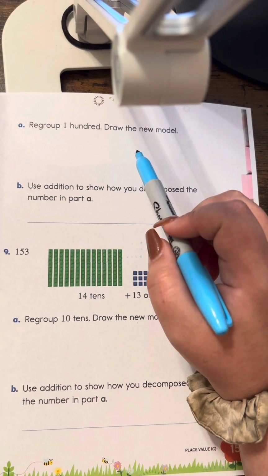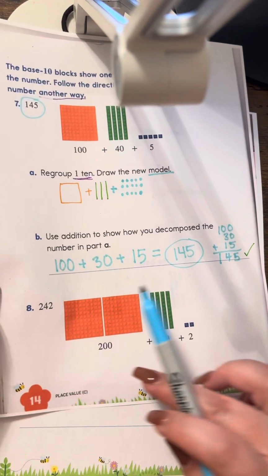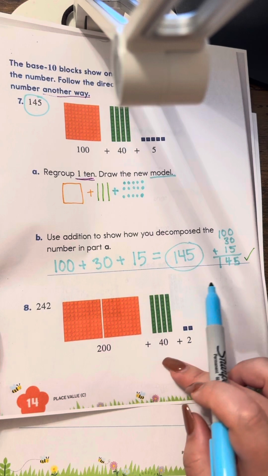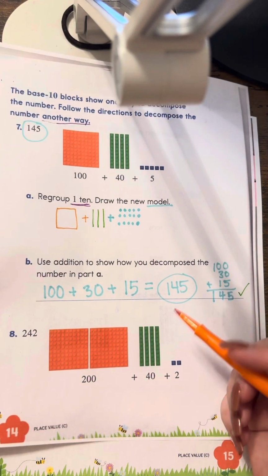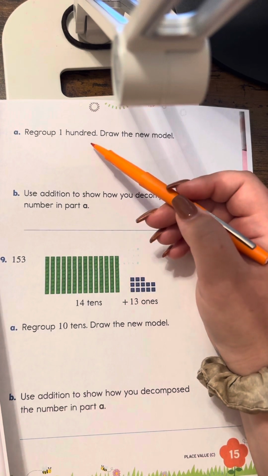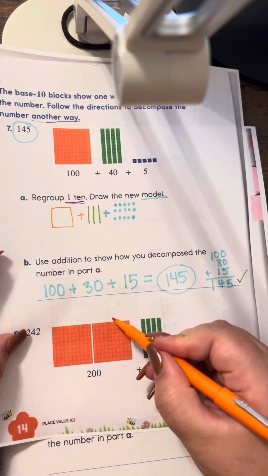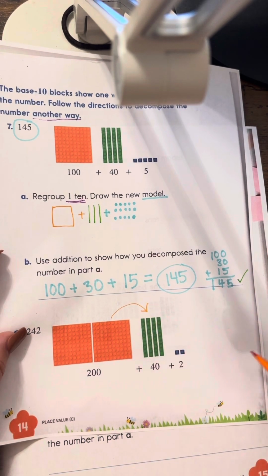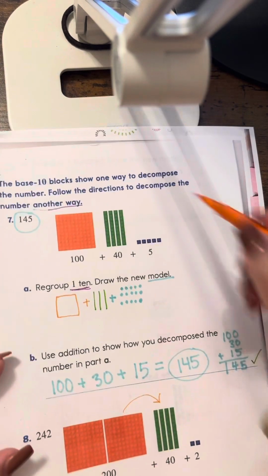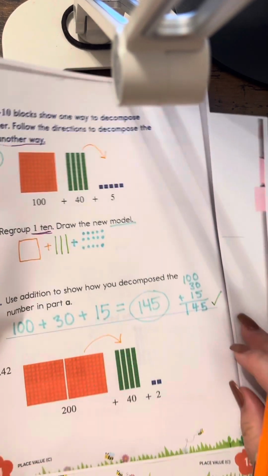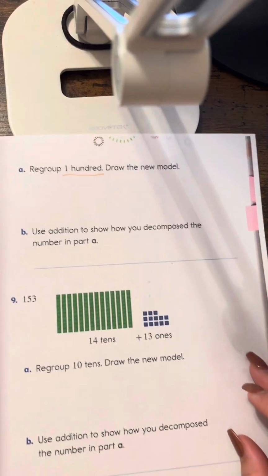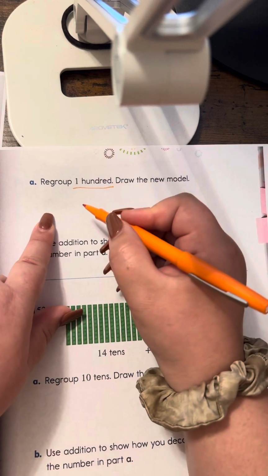Okay, so you're going to have to refer back to this page, 242. Okay, so if I'm regrouping 100, it says I'm going to take that 100 and I'm going to move it into the tens place. Here we took a 10 and we moved it into the ones place. Now we're going to take 100 and move it into the next place value, which is the tens.